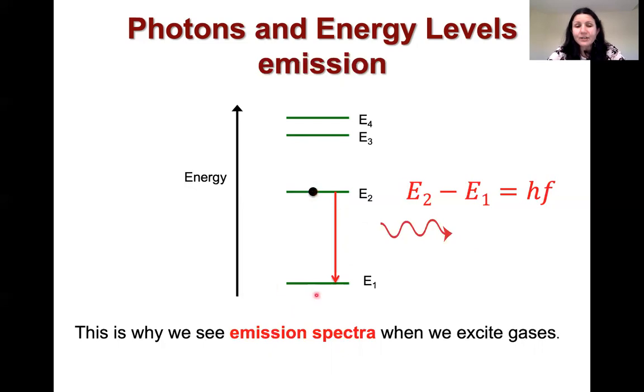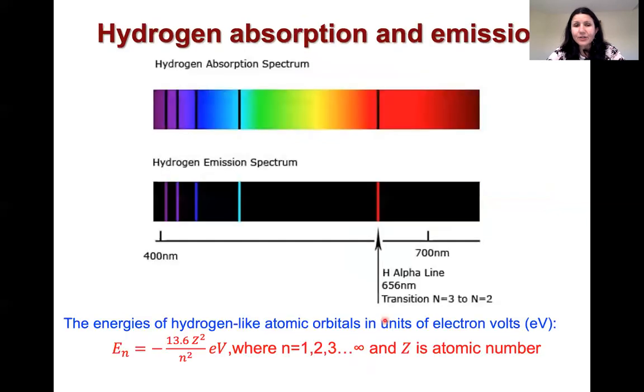So the electron now has lower energy, but it has created a photon that has exactly the energy associated with that energy difference. This is why we have what are known as absorption and emission spectra for different elements.